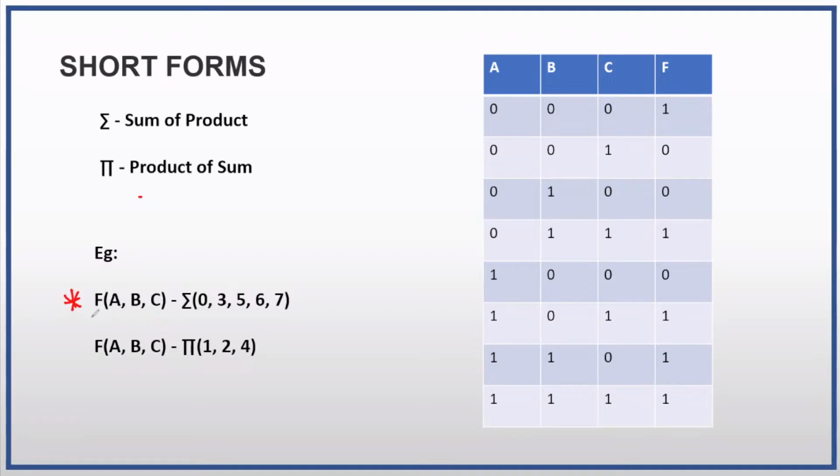So here, f of ABC, function of ABC, means A, B, C are the inputs. And here you can see these are outputs, so you can use this as the equal, or it doesn't matter. Here, sum of product, so it's the sigma sign, and we can notate this table like this.